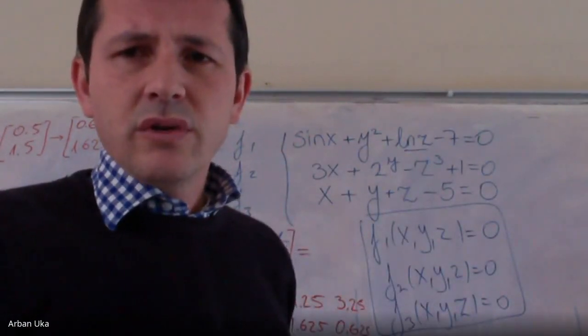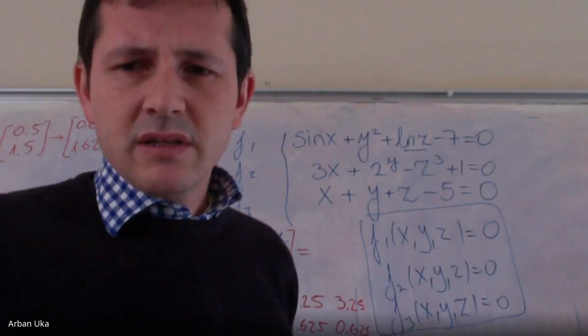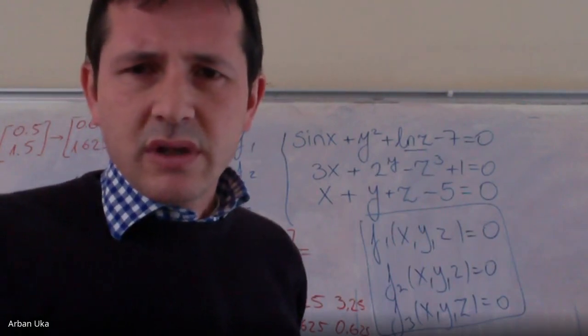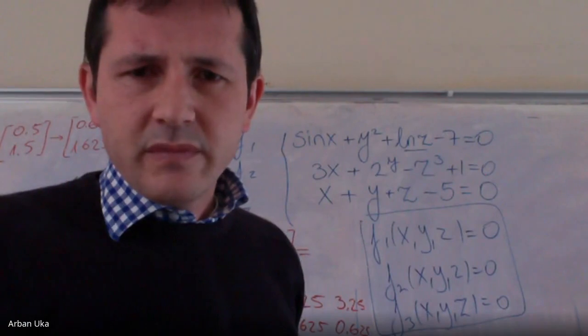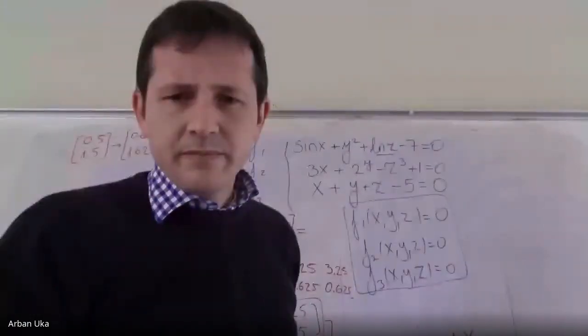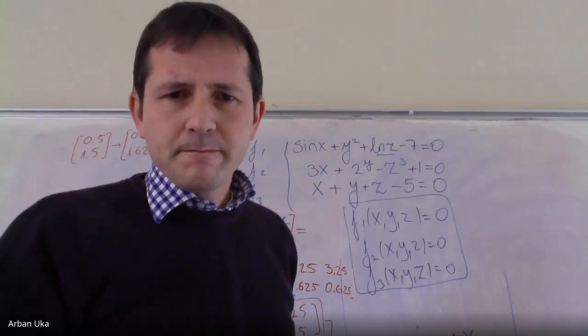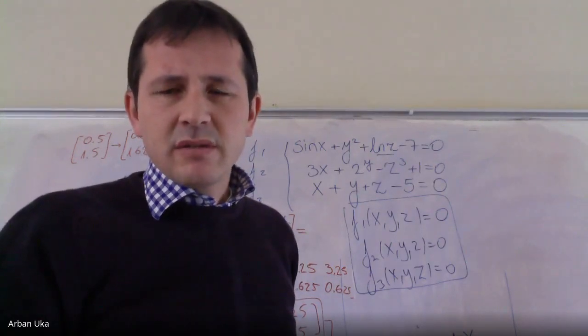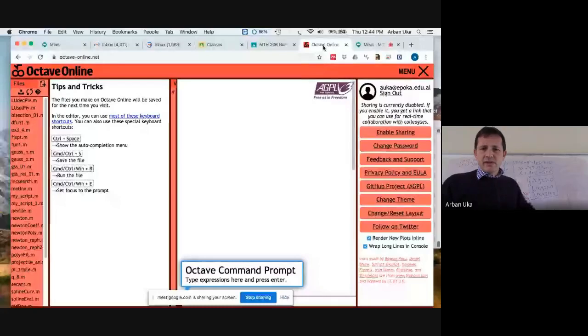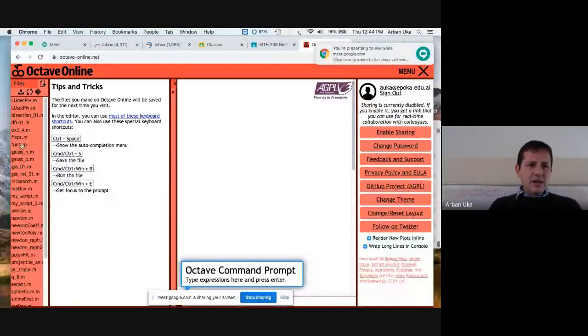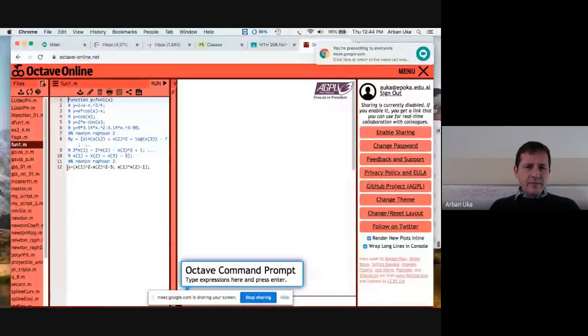In order to solve it, let me change a couple of settings, because I think I can improve this slightly. Now, this system, if we solve it, will be relatively difficult. But let's see what we have here in the function.